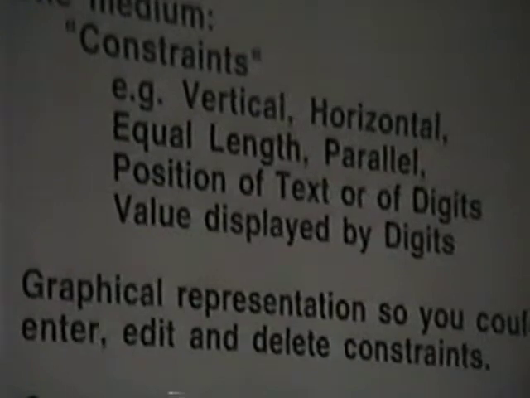Now, constraints had an appearance. You could look at the constraints on the screen. So here, for example, is what you might do to make a parallelogram. A parallelogram, you will remember, is supposed to have two opposite edges which are the same length and parallel. And so here are two constraints represented. P is the parallel constraint, and equals is the equal length constraint.